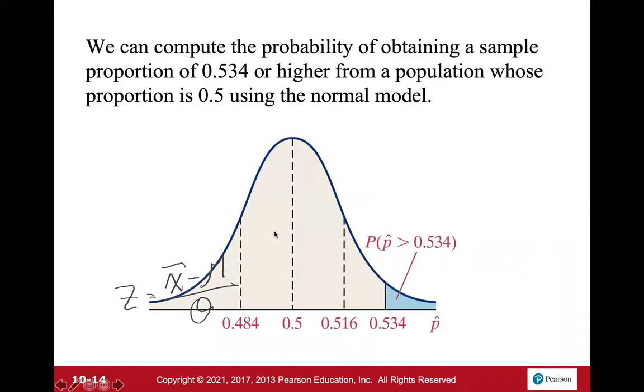And now continuing on, the p-value is looking at the probability of p hat being greater than 0.534, which remember p hat is what we got this to be.